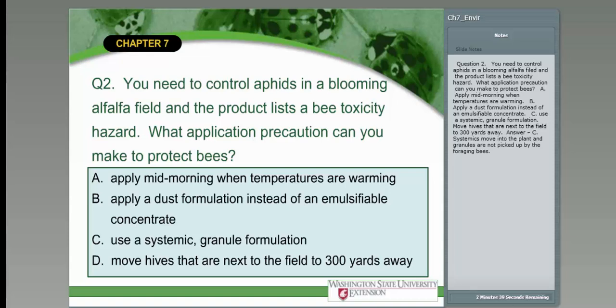C. Use a systemic granule formulation. D. Move hives that are next to the field to 300 yards away. The correct answer is C. Systemics move into the plant and granules are not picked up by the foraging bees.